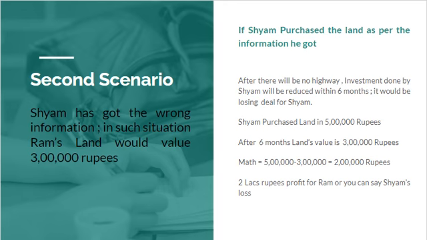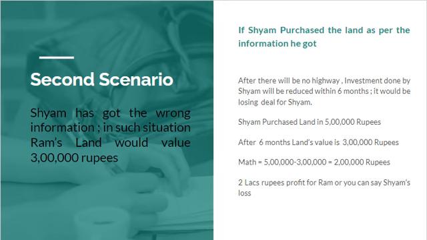He bought at 5 lakh rupees, and now the value is 3 lakh rupees. So the mathematics here: 5 minus 3 is equal to 2 lakh rupees. So 2 lakh profit for Ram, who sold Shyam the land earlier, but now Shyam has a loss of 2 lakh rupees.